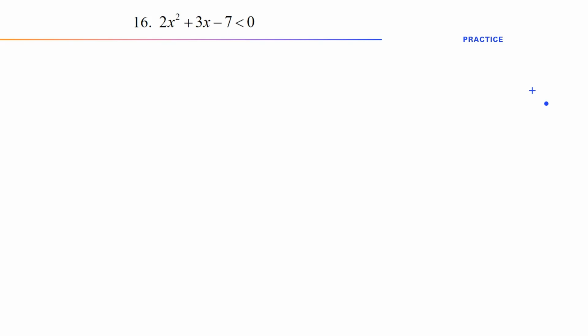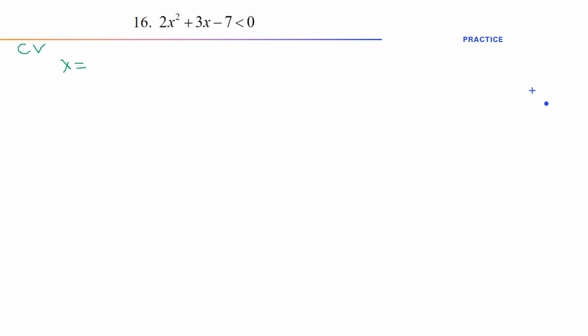They could not make 3. Two numbers that sum up to 3 and multiply to be negative 14. So we can use the quadratic formula to solve for the critical values.